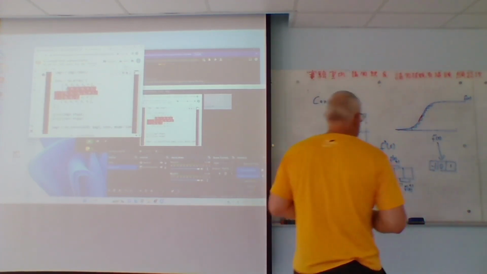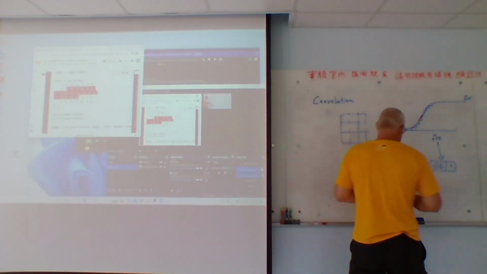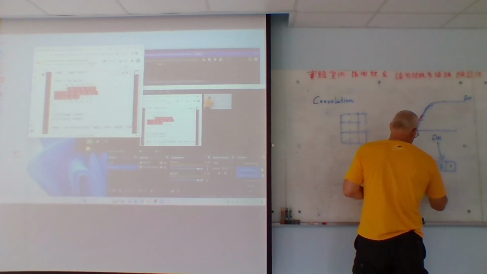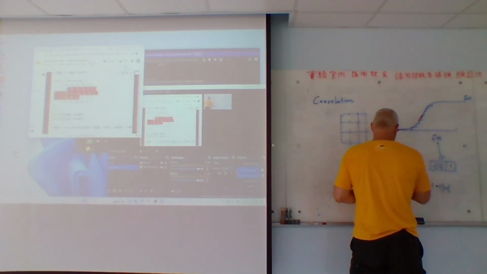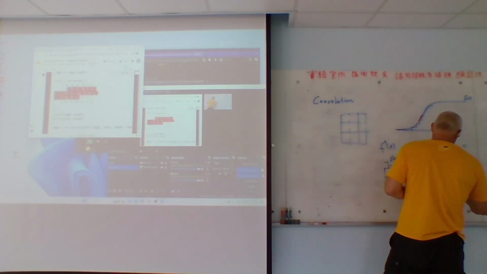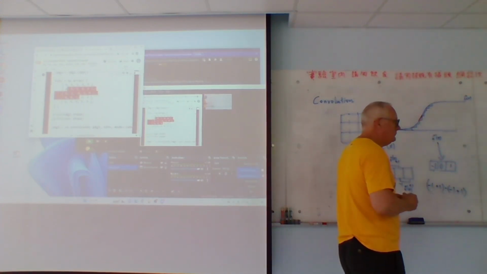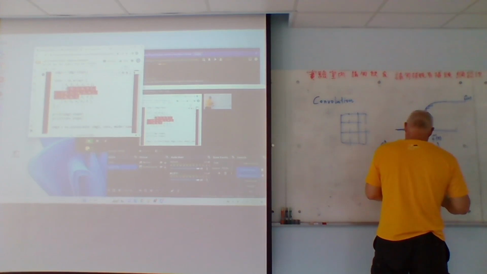Now I want to see how much that changes. So I want to take this minus 1 plus 1 minus, and then this minus 1 plus 1, where the minus 1 would be the center pixel.